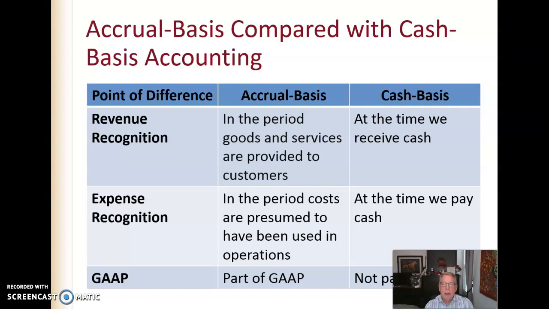Here, if I'm recognizing revenues under the accrual basis, we just went through when those are earned, and expenses when they are incurred, or presumed to have been used in operations. That is definitely part of generally accepted accounting principles. But cash basis, we're going to record our revenue when we get paid, and expense recognition when we pay those. That's not acceptable under GAAP.